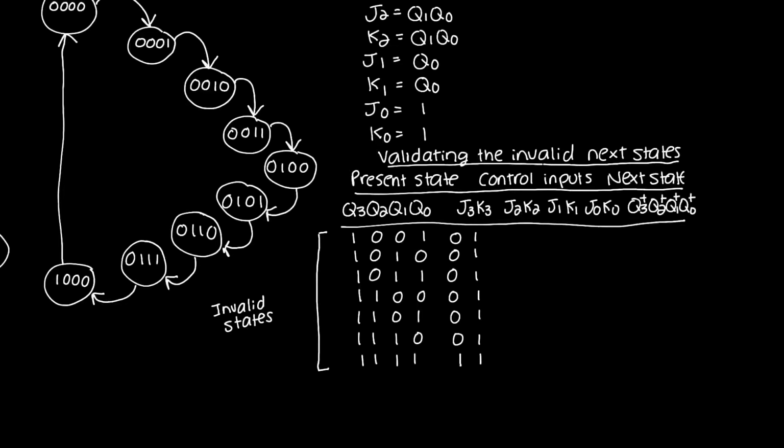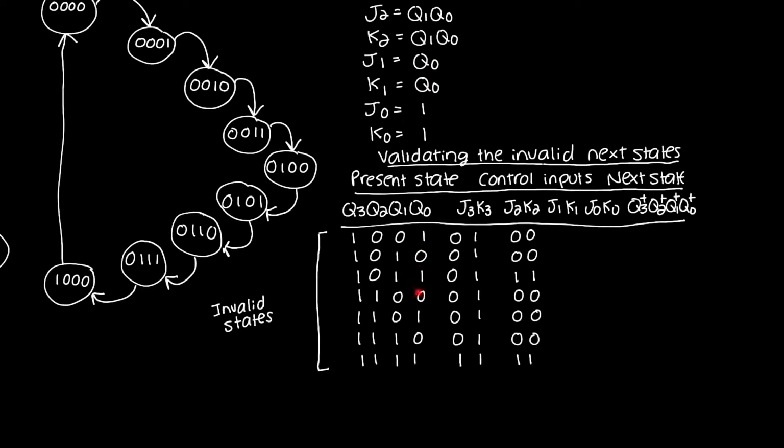Looking at K2 now. K2 is high whenever Q1 and Q0 are both high, right? That only occurs here and here. So K2 is high in this condition. I believe I skipped J2, but actually J2 and K2 are identical, so they're both only high here and here, and in all other cases they're going to be 0. What about J1 and K1?